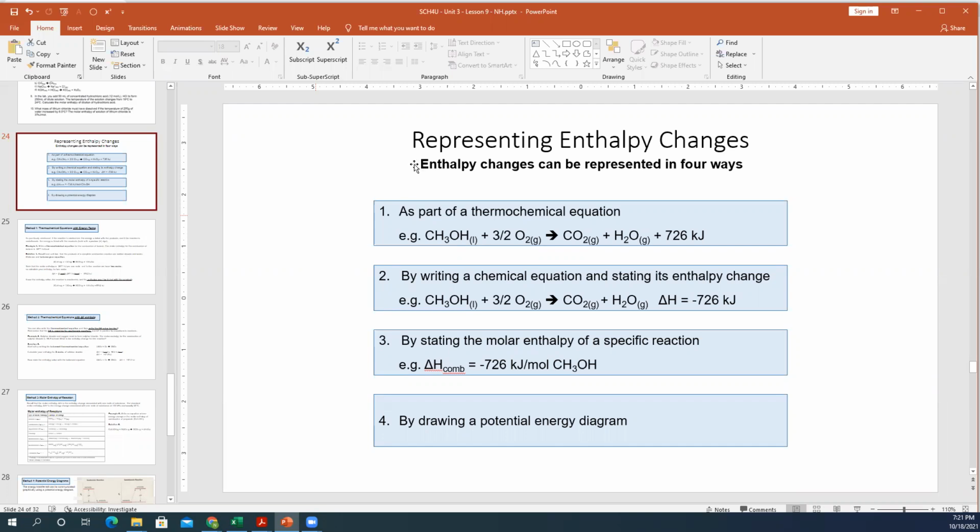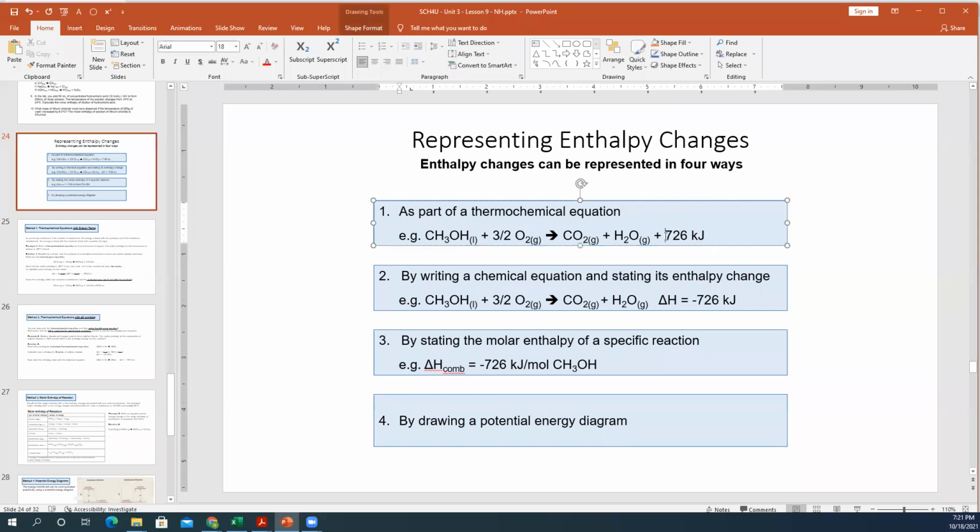For example, this combustion reaction of methanol reacting with oxygen to give carbon dioxide and water vapor. This is an exothermic reaction. This produces heat. So you can write that enthalpy change within the equation.